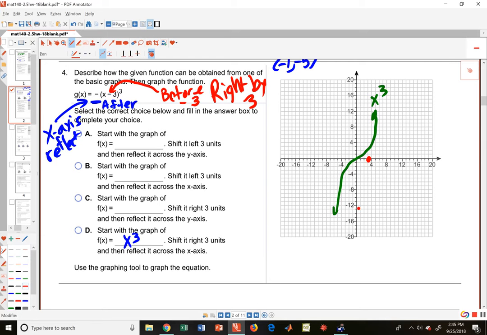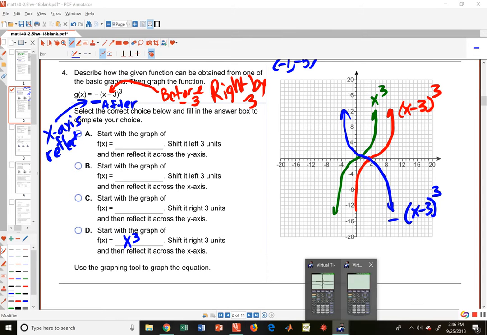Right by 3, you get something like this. So this is (x minus 3) cubed. And then when you do that reflection, we do it in blue, everything above the axis gets sent below, and everything below the axis gets sent above. So it's going to look something like this, negative (x minus 3) cubed.